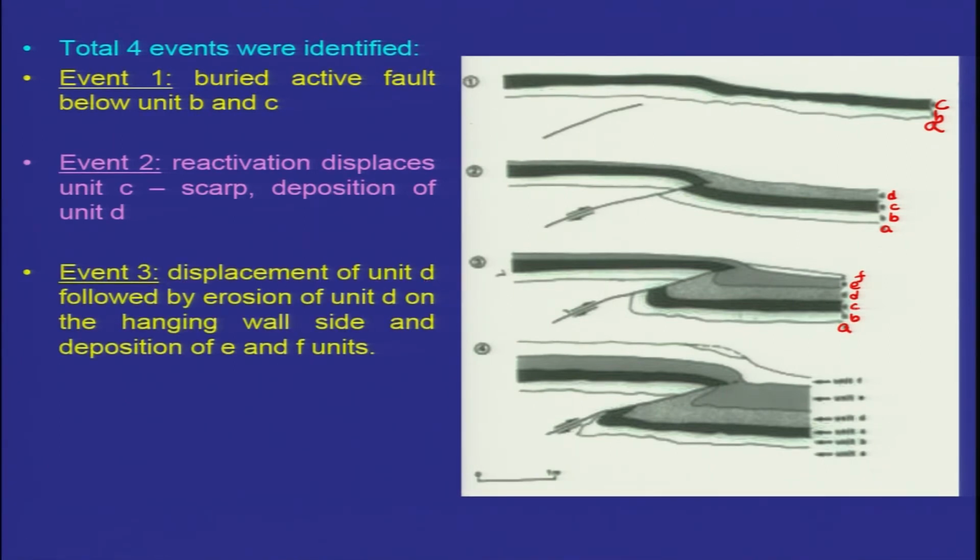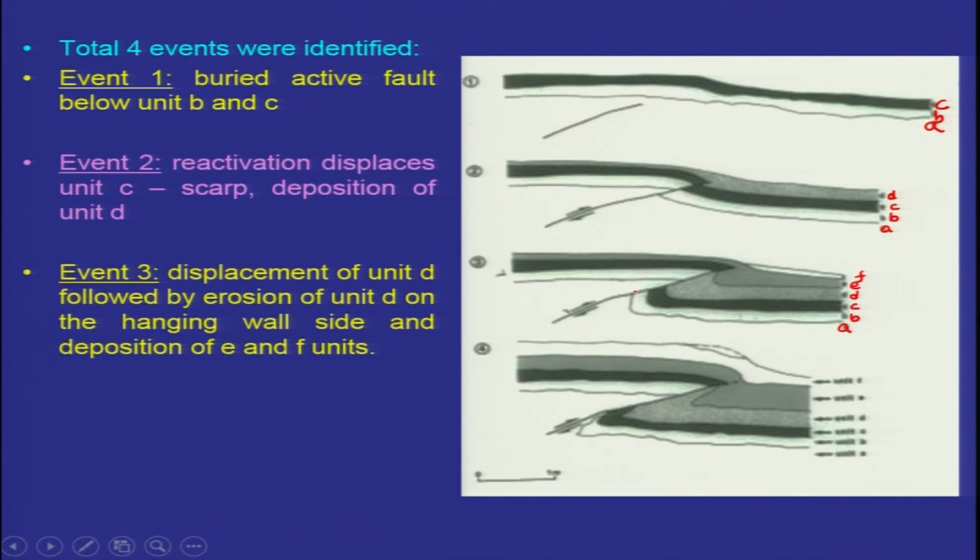So event 3 is the displacement of unit D. So this was displaced, because the event is occurring after D. Then you have the displacement of D, and then the deposition and displacement of E also in this sketch.